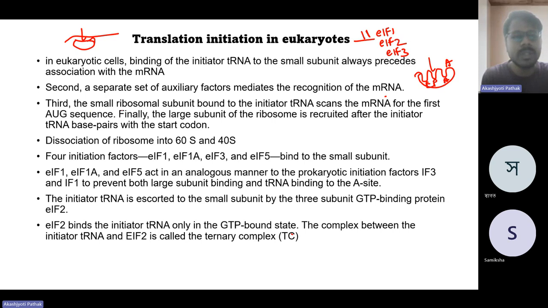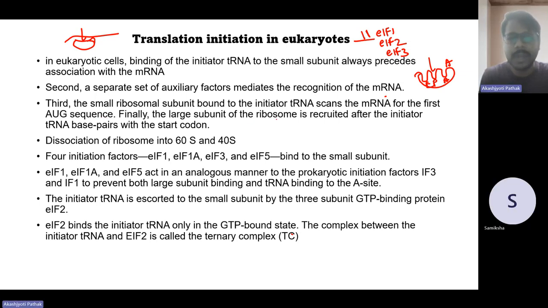Third, the small ribosomal subunit bound to the initiator tRNA scans the mRNA for the first AUG sequence. And finally, the large subunit of the ribosome is recruited after the initiator tRNA base pairs with the start codon.